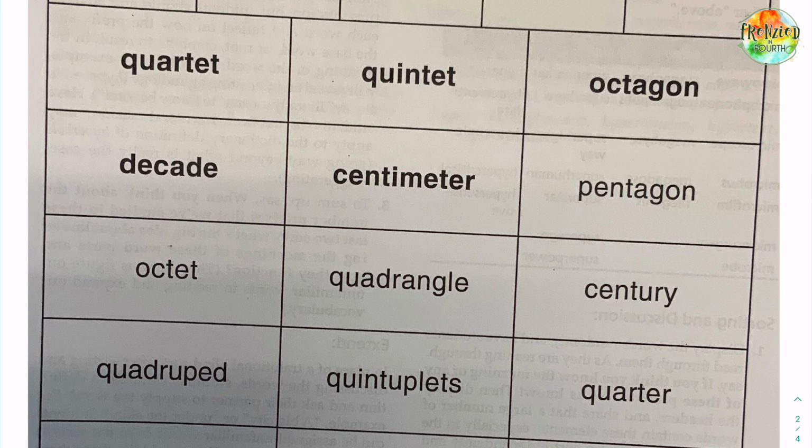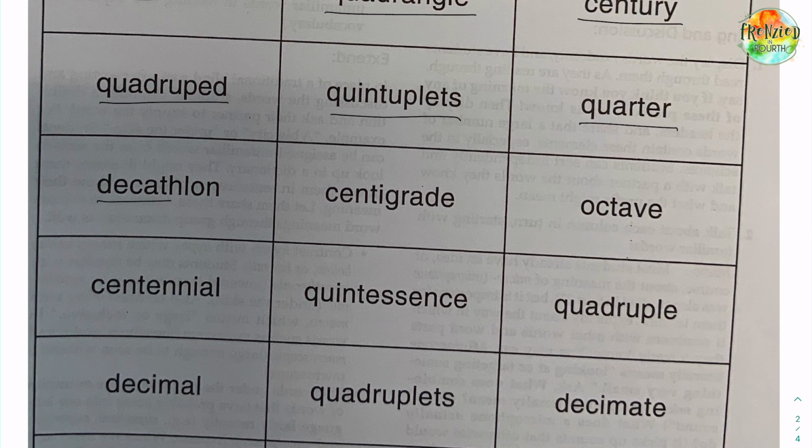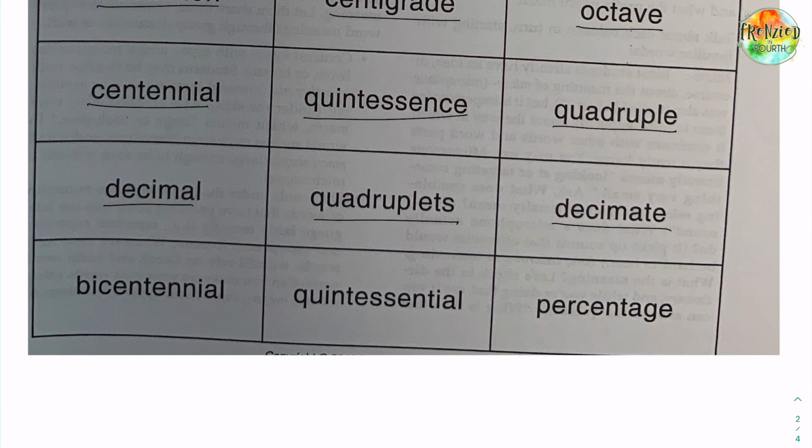We have quartet, quintet, octagon, decade, centimeter, pentagon, octet, quadrangle, century, quadruped, quintuplets, quarter, decathlon, centigrade, octave, centennial, quintessence, quadruple, decimal, quadruplets, decimate, bicentennial, quintessential, and percentage.